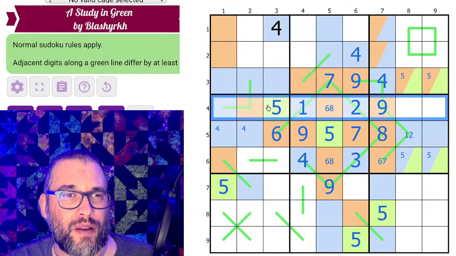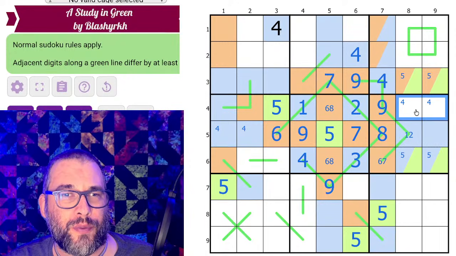So 4 in row 4 has to be one of these two.